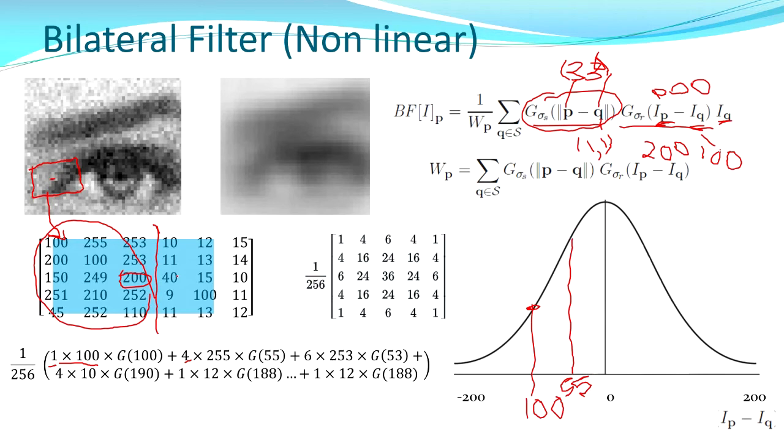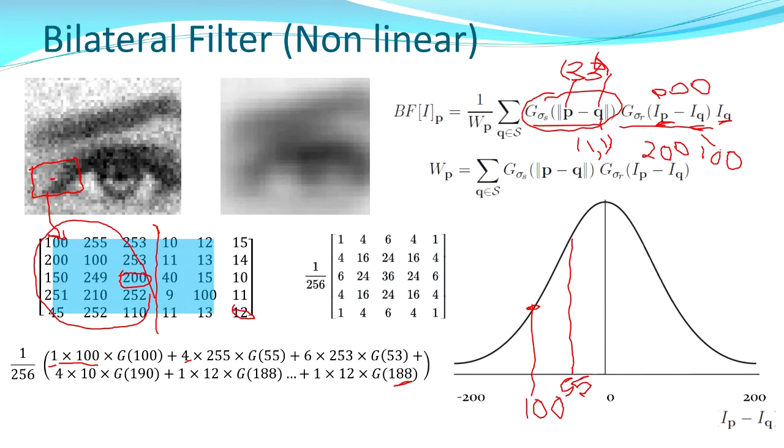But if you consider a case like this, say 212, if you consider the last pixel, you can see that the difference between them is 188. Other things will be the same. This will get multiplied by 1 and by 12.